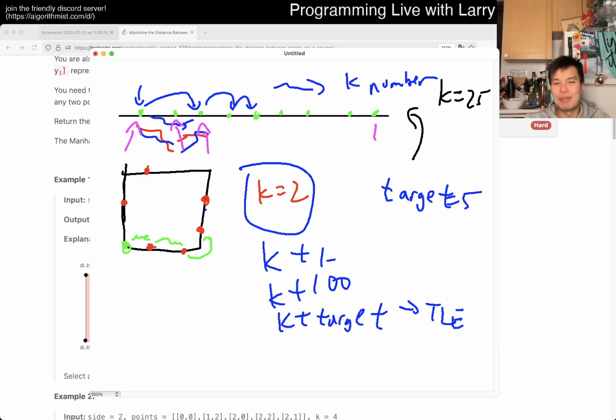If the number of things that we added is already greater than k, we can return. But if the last number that we added is too close to the first number, and by too close I mean by wrapping around, meaning if this plus this area is less than the target, then that means that they're too close in a wraparound kind of way, right?